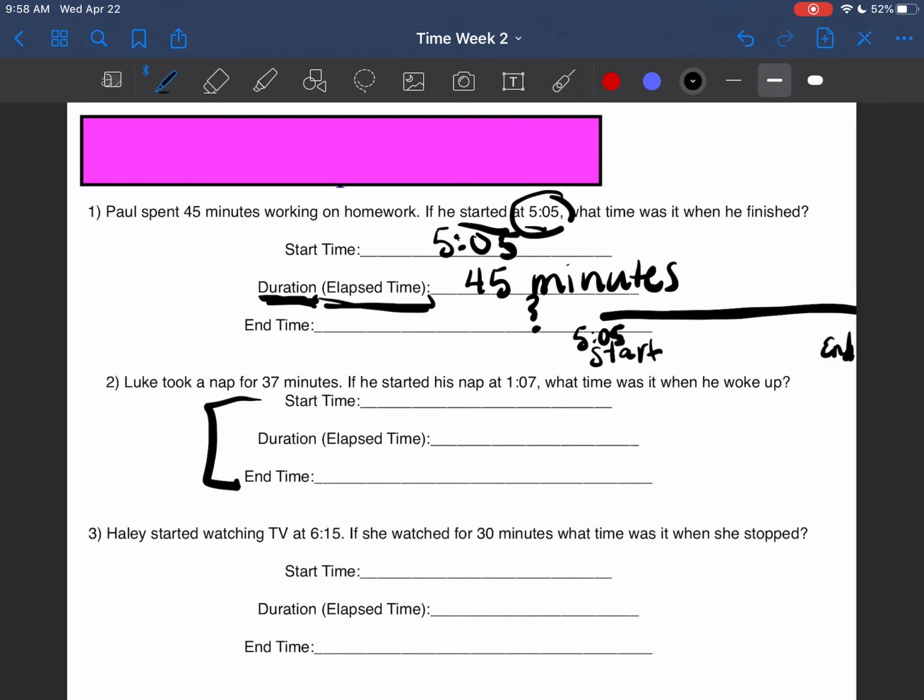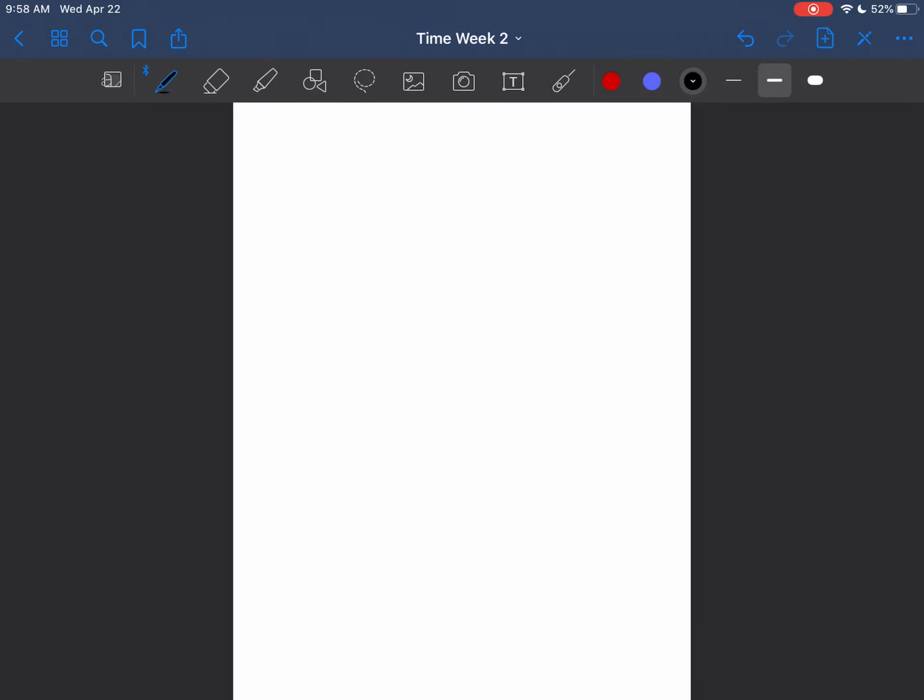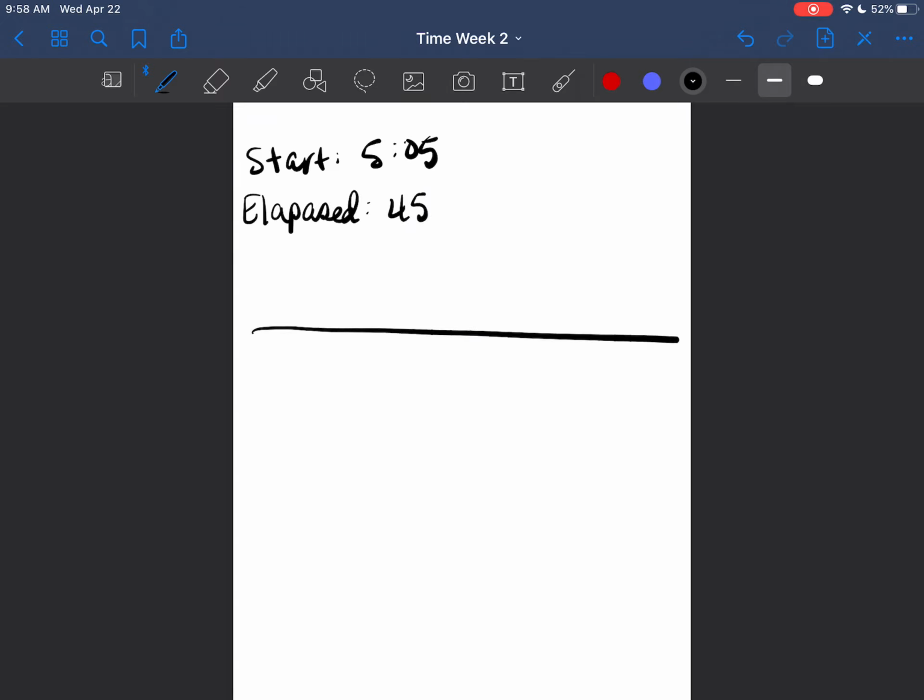You should be following along in your notebook so you have some examples. I'm going to add another page here. My start is 5:05, and my elapsed or duration is 45 minutes. Draw my number line. My start time goes here, 5:05.